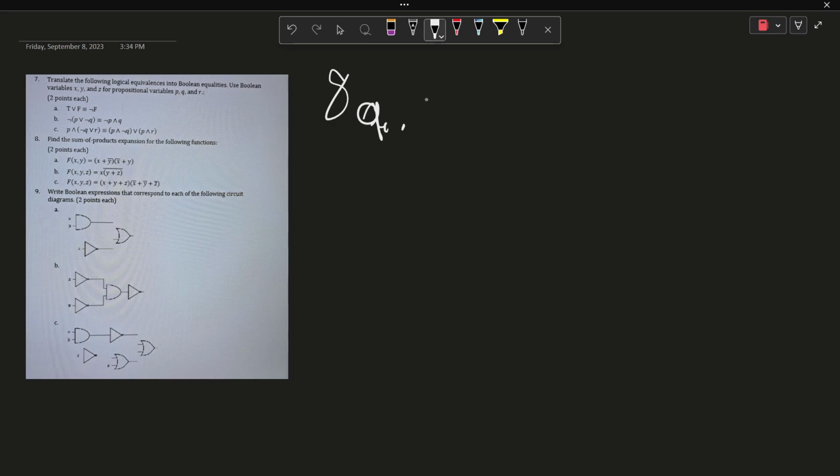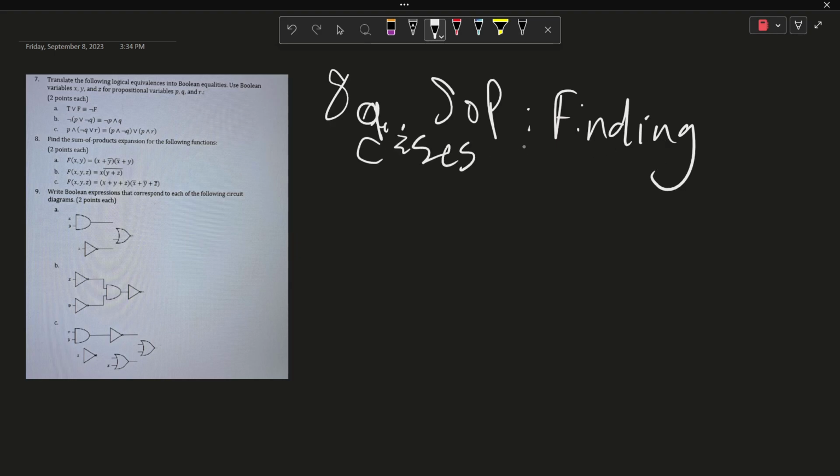So really, sum of products, you're just finding all the cases where the expression is equal to 1 in the truth table.